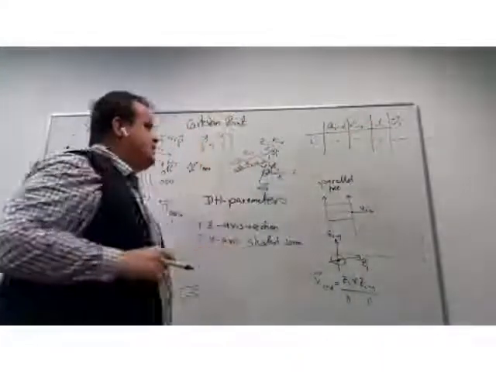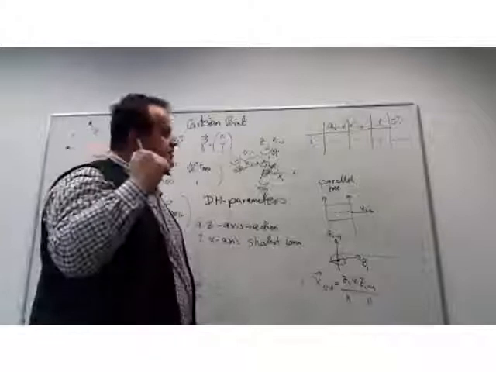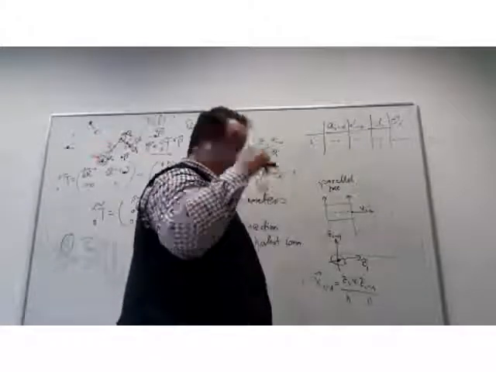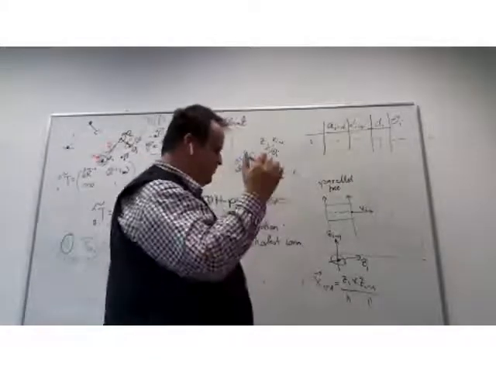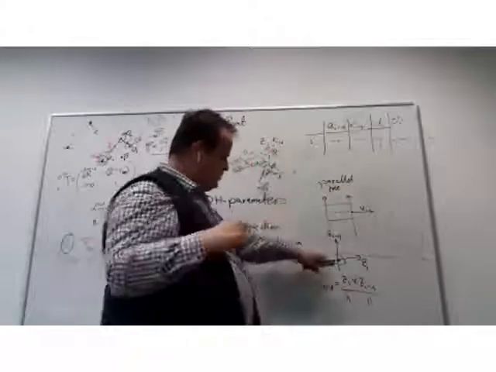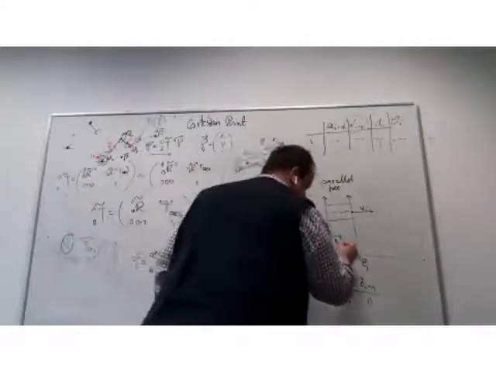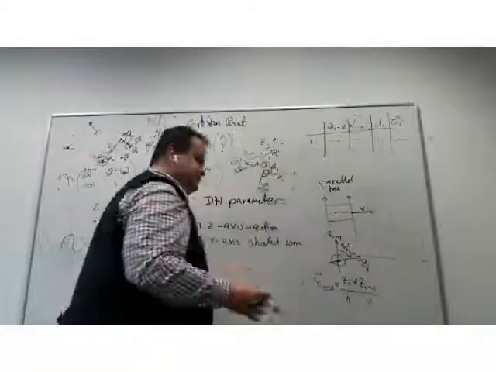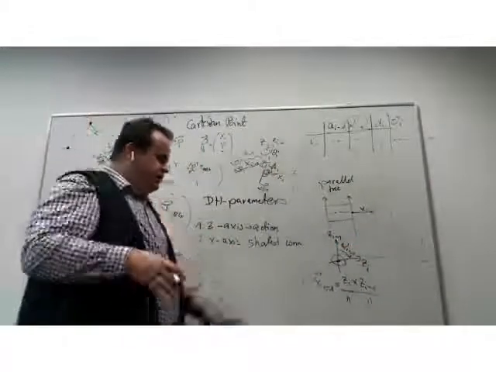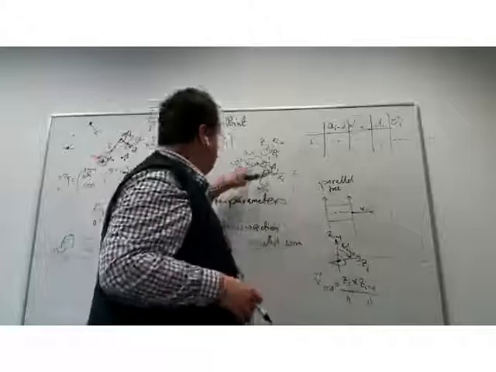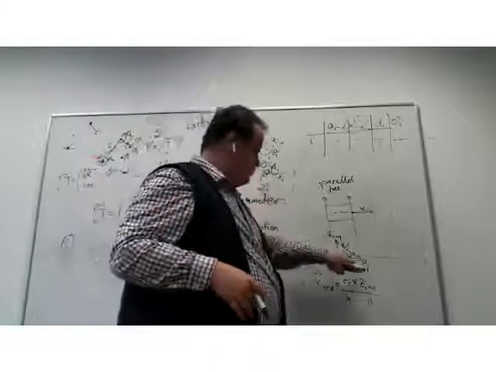The alpha_{i-1} is the angle of rotation around x_{i-1} to get from z_{i-1} to z_i. How much do I need to rotate around the previous x_{i-1} to get to the new z-axis?